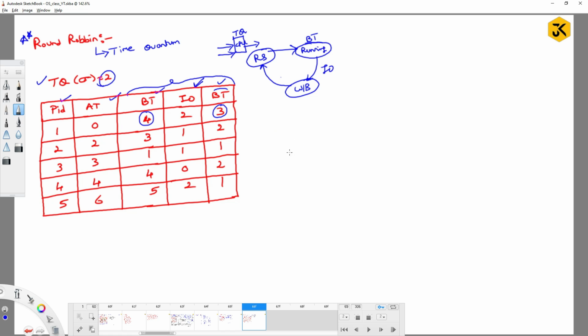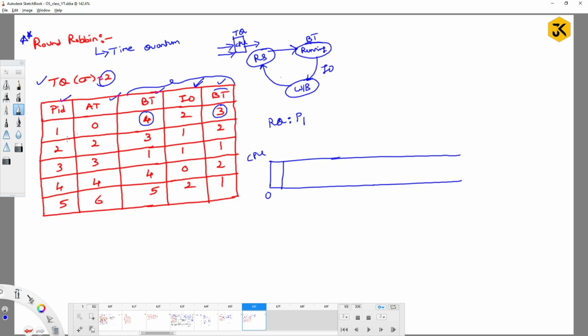Okay, so without any delay, let's start with the execution part. How will it work? I am going to draw the Gantt chart. Assume this is the CPU, starting at time 0. Initially we maintain one ready queue where the processes are kept. At time 0, is there a process?